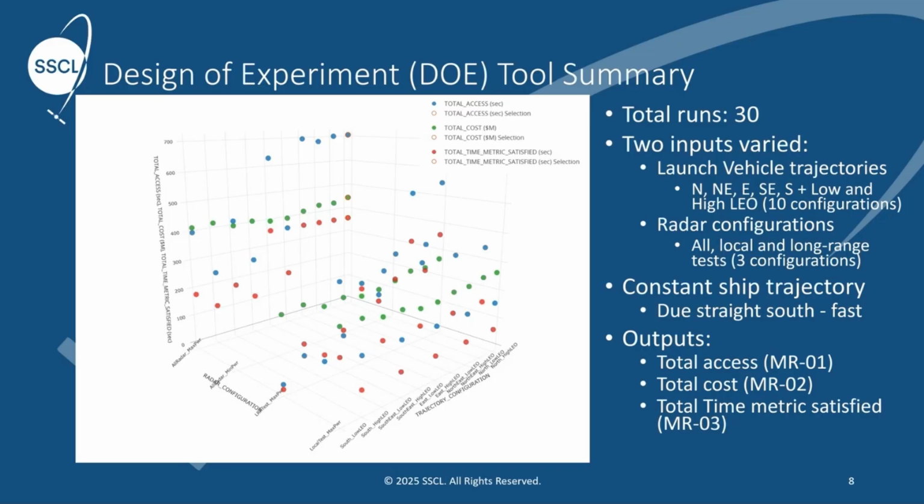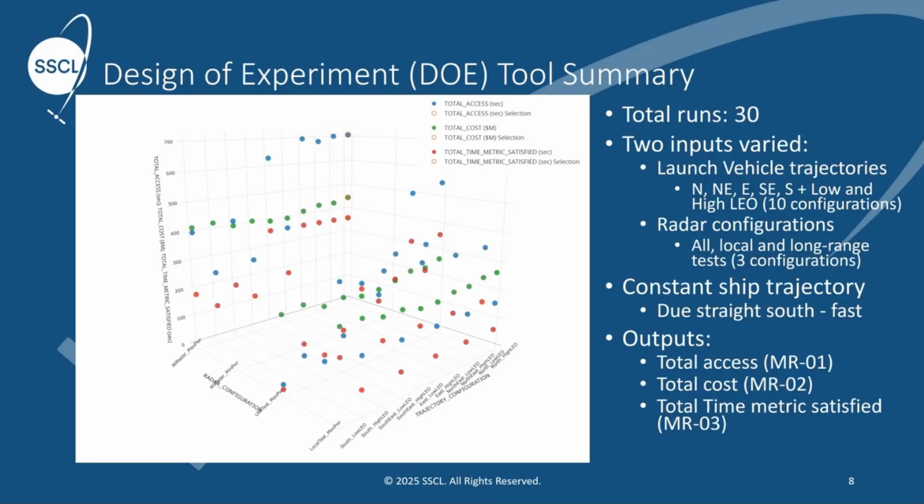Using ModelCenter's design of experiments, DOE, capability, the workflow can automatically run dozens of STK scenarios with different input combinations. For this demonstration, I simplified the study to focus on eastward trajectories from north to south, using both high and low LEO altitudes.